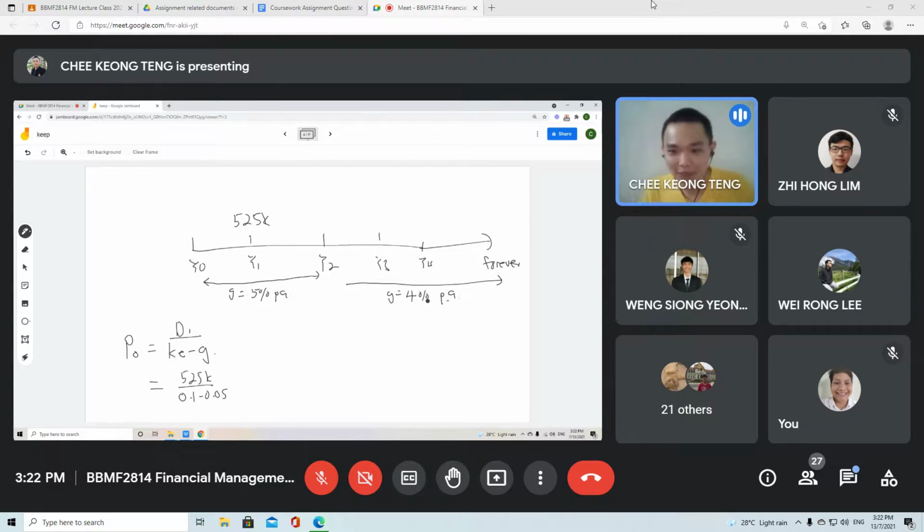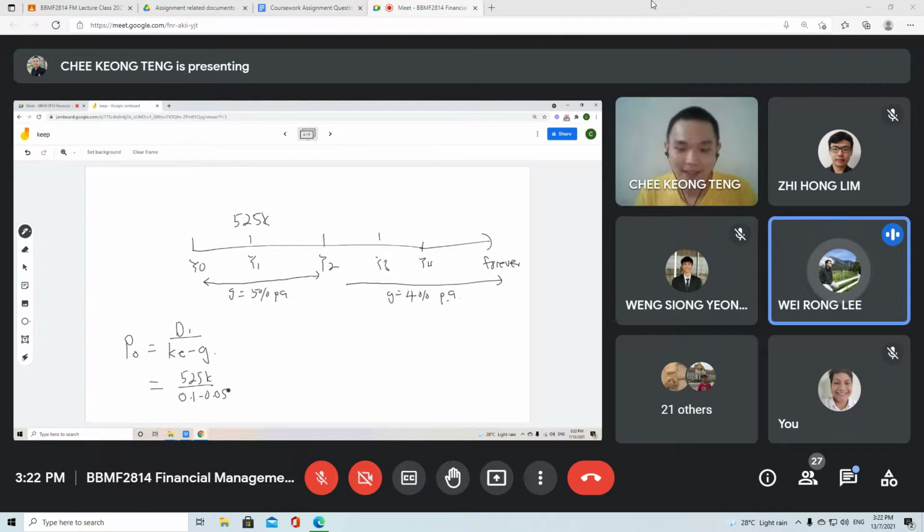Then after that will be 4% until forever. Which means that we cannot apply this one. If let's say we are starting from year 2, then only we could apply this formula. Yes, you are right. So after year 2, then we only apply this formula. Then there will be nothing wrong because after year 2 will be until forever.